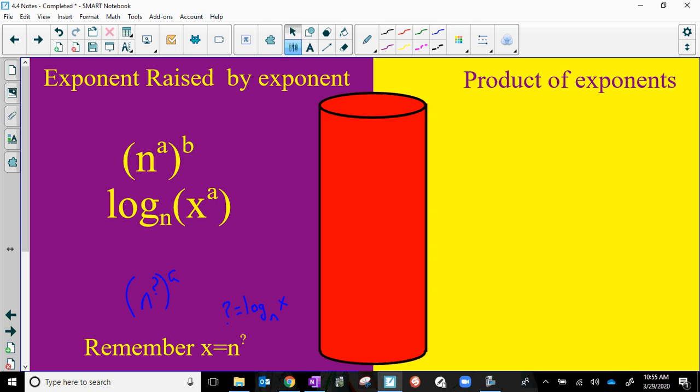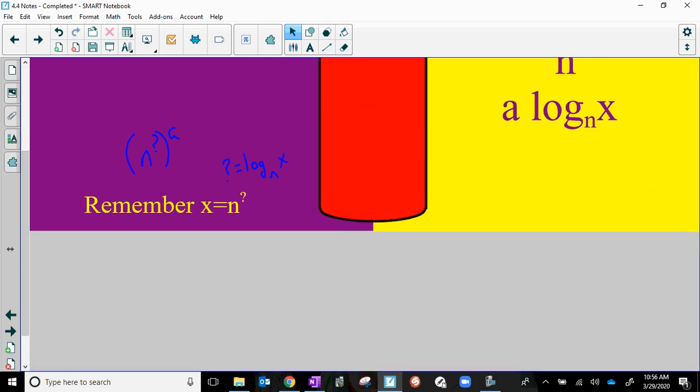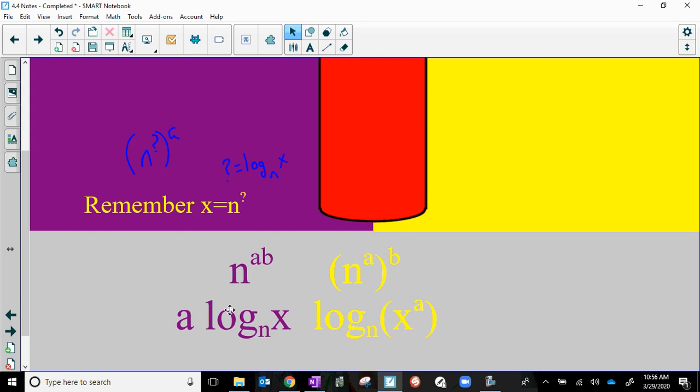All right. So when you raise an exponent to an exponent, you simplify or condense it down by multiplying the exponents, right? So we're going to take the exponent a and multiply it by the other exponent, log base n of x. So let's bring this down and see our rules.